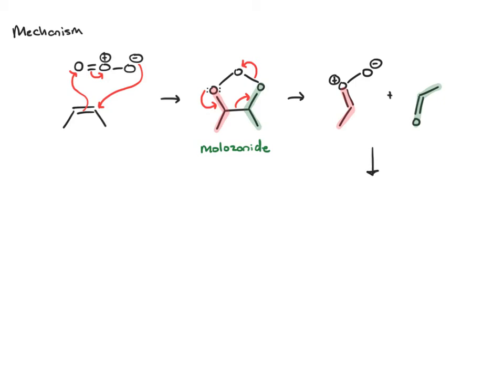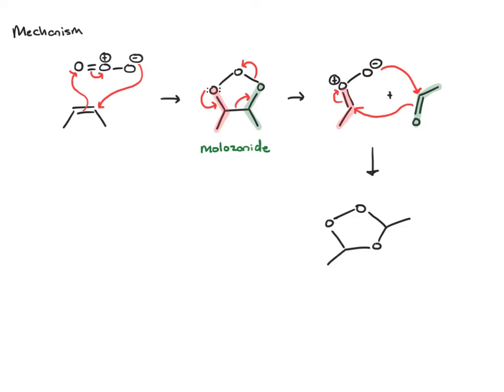So this will add, I'm going to use the double bond of this oxygen, that comes over to here, pushes that up onto the positive oxygen, and then this negative charge adds there. So this all happens in one step, and then the product we get from this looks like that.